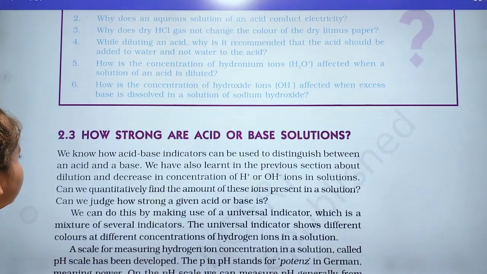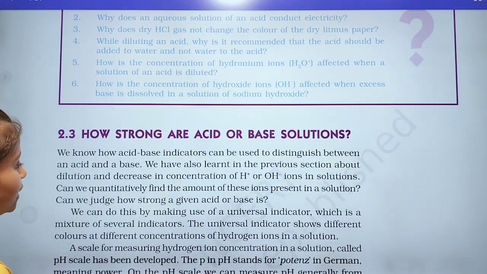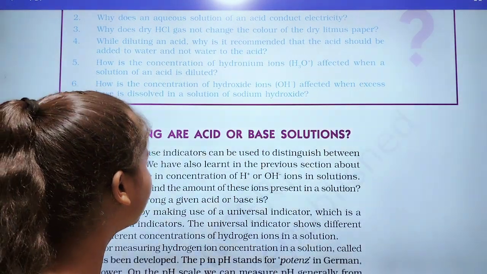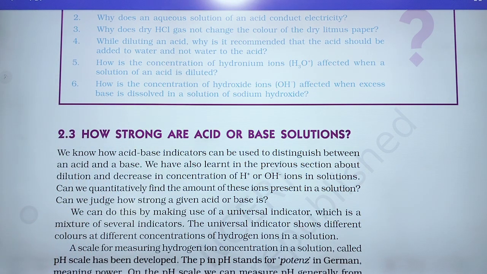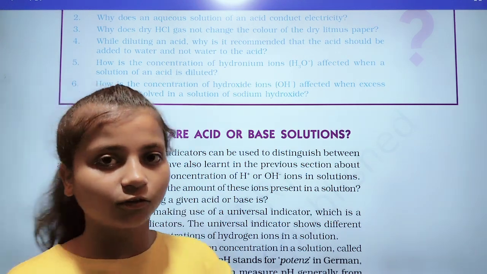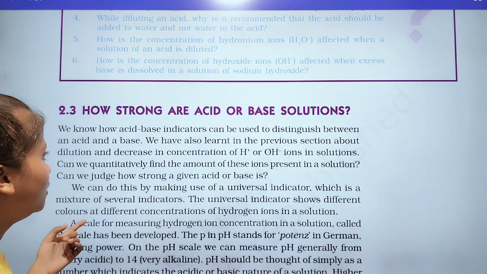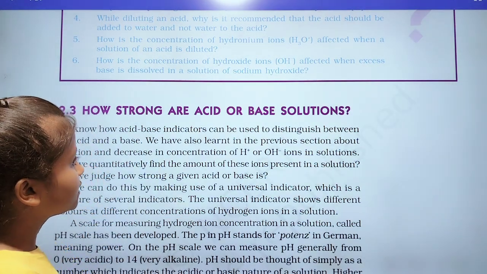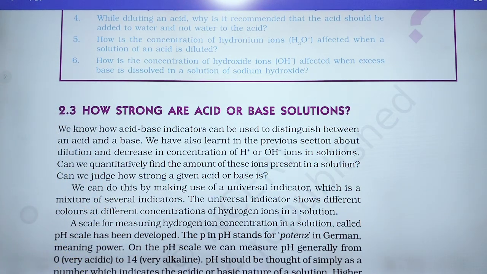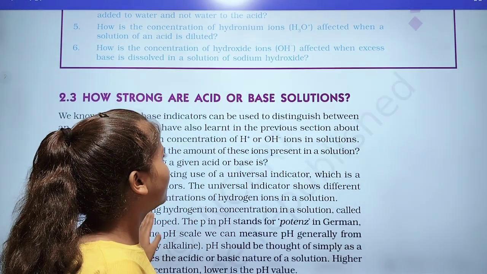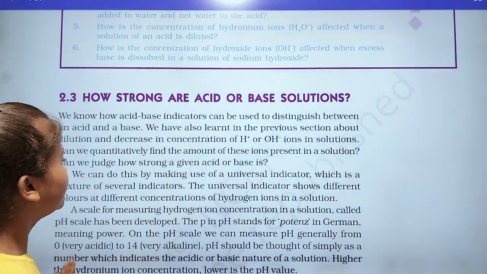Now, we know that acid base indicators can be used to distinguish between an acid and a base. We have also learned in the previous section about dilution and the decreasing concentration of H plus ions or OH minus ions in solution.